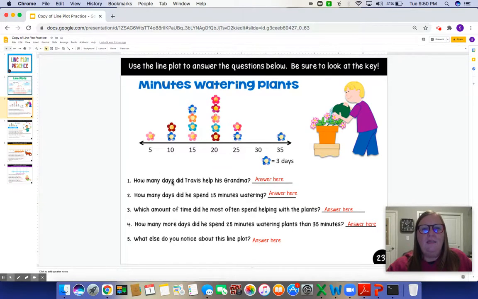So how many days did Travis help his grandma? So we have 1, 2, 3, 4, 5, 6, 7, 8, 9, 10. I'm going to stop right there. And on that one, if we know that we have 10 flowers and each one represents 3 days, for those of us that have started learning our multiplication, we know that 3 times 10 equals 30, right?